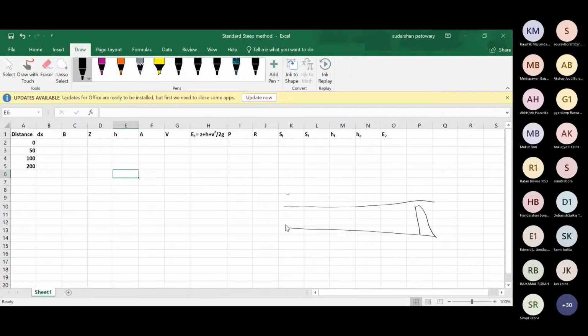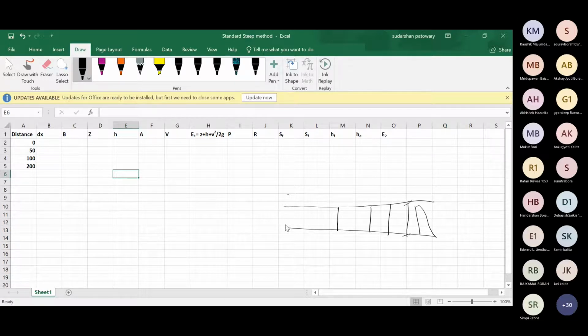You know this value at this point, and this is your control section. Now you have to compute up to this much. It is not necessary that you take delta x as constant. In the direct step method, we take delta x as constant and divide equally, but here it is not necessary that delta x is equal.